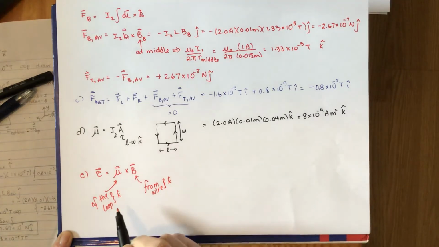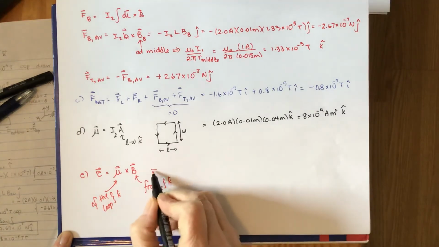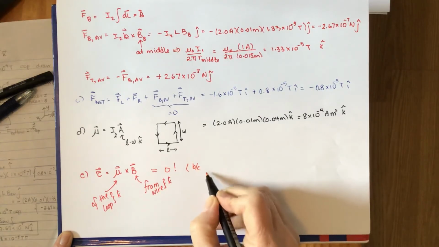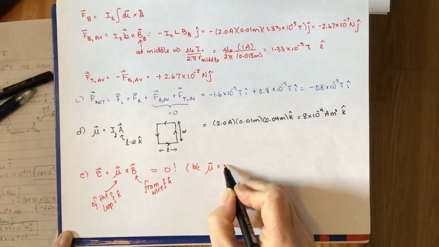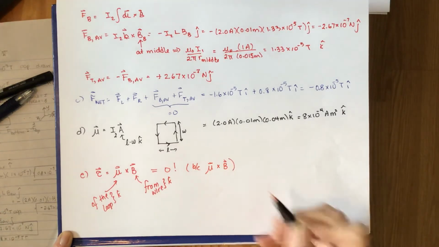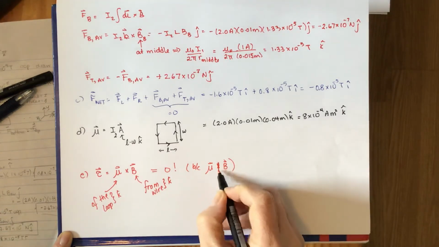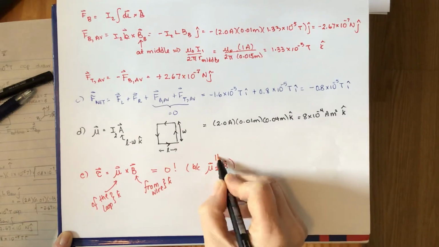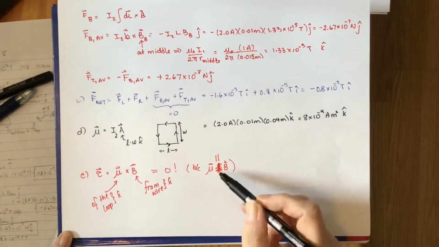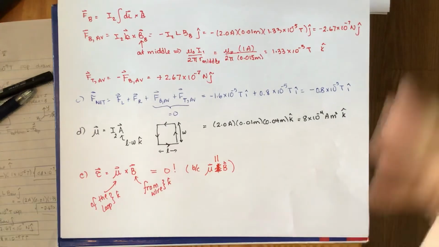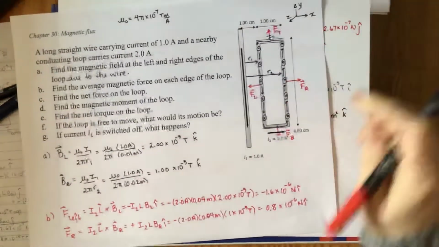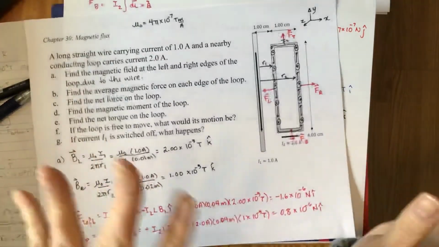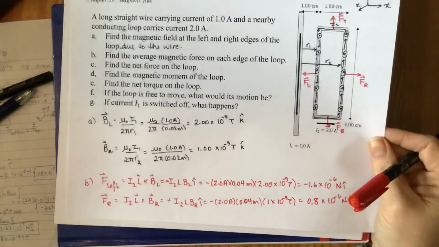So our torque is something k hat cross something k hat equals 0. When you take the cross product of two parallel vectors, you get 0. So what that tells us is that if we pull this one to the left and this one to the right, it won't rotate, and that makes sense. Okay, so no rotation there.